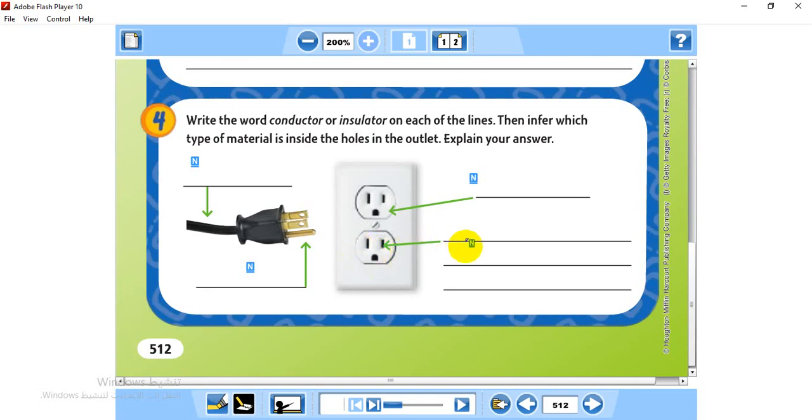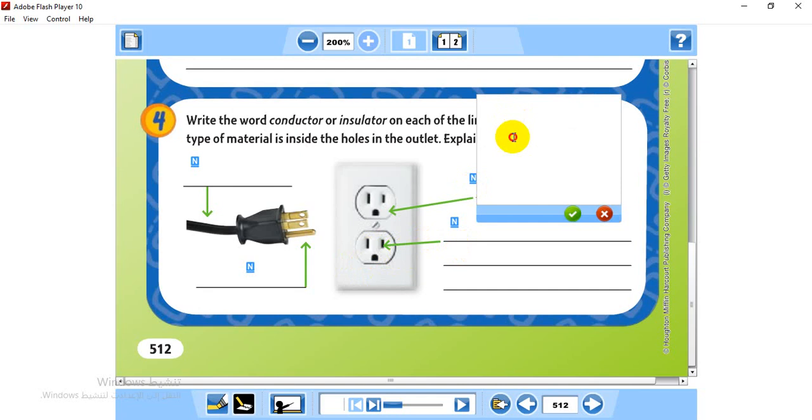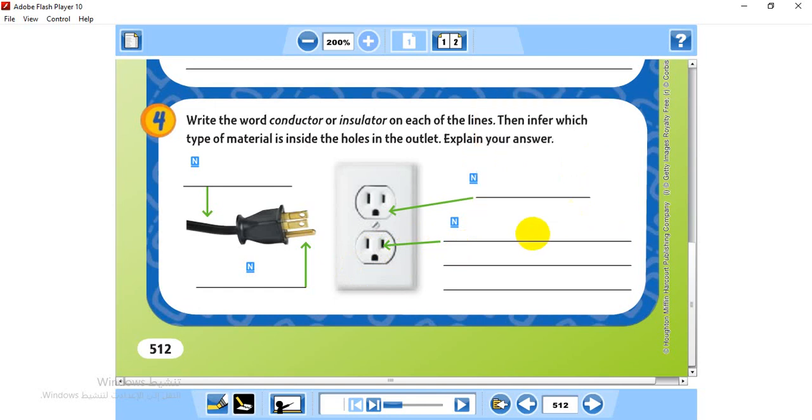These metals are conductors. Okay, so it's so easy. Let's go now to the next page.